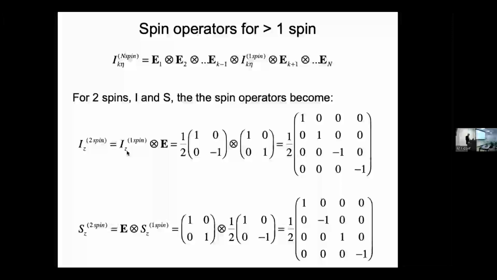But normally we don't write this superscript 2 spin and superscript 1 spin. Normally only IZ is written, and you have to know yourself, am I talking about 1 spin, in which case I have a 2x2 representation, or do I have the 2 spin, in which case I have a 4x4 matrix representation.